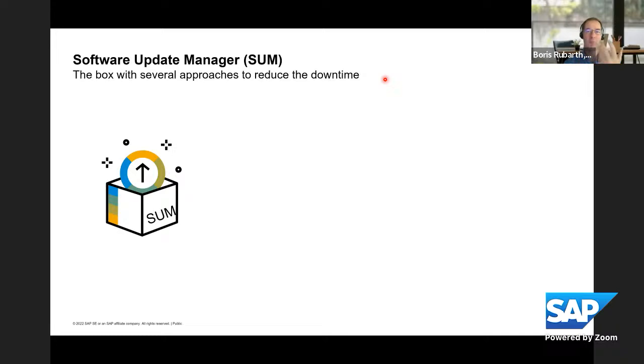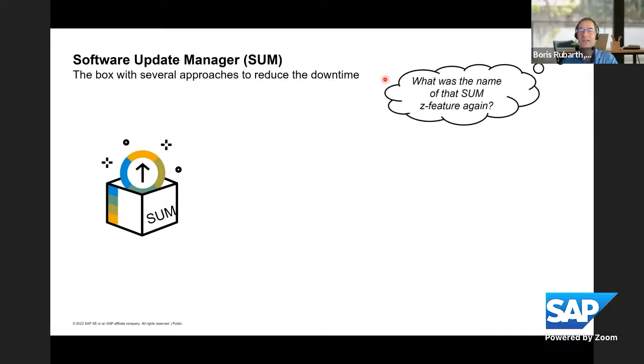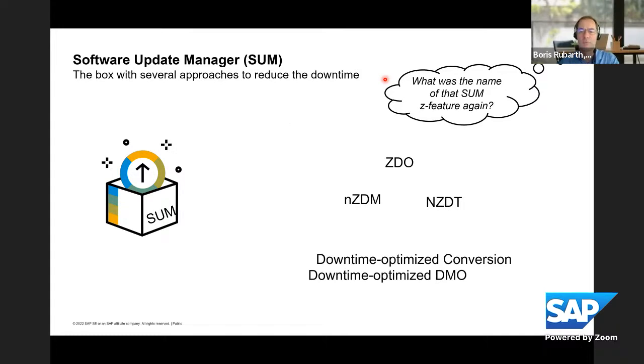So if we unbox those approaches, you will see that there are a couple of names, and we state there are a couple of Z features because most of those abbreviations have a Z in the name, and you may wonder what was the name of the approach. So there's zero downtime option, there's nZDM, nZDT, quite similar, downtime optimized conversion, downtime optimized DMO.